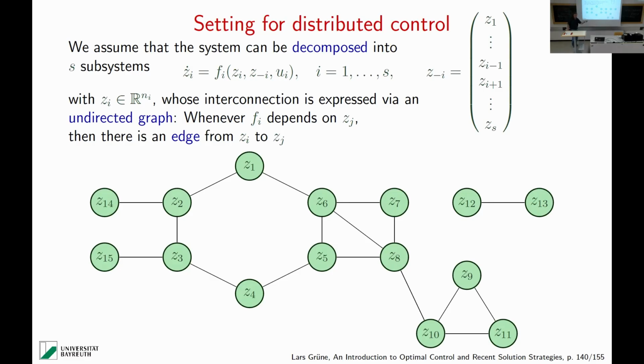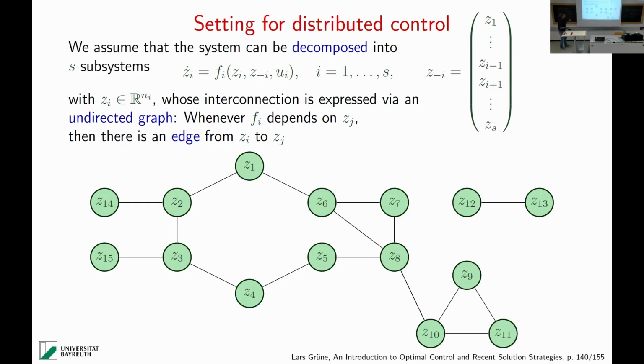The question is, do they appear or don't they appear? So for example, if there's a link from Z2 to Z1, this means that Z2 would appear in the vector field F1, or the other way around. So I'm not using a directed graph here. Whenever Zj appears in Fi, then there must be an edge.